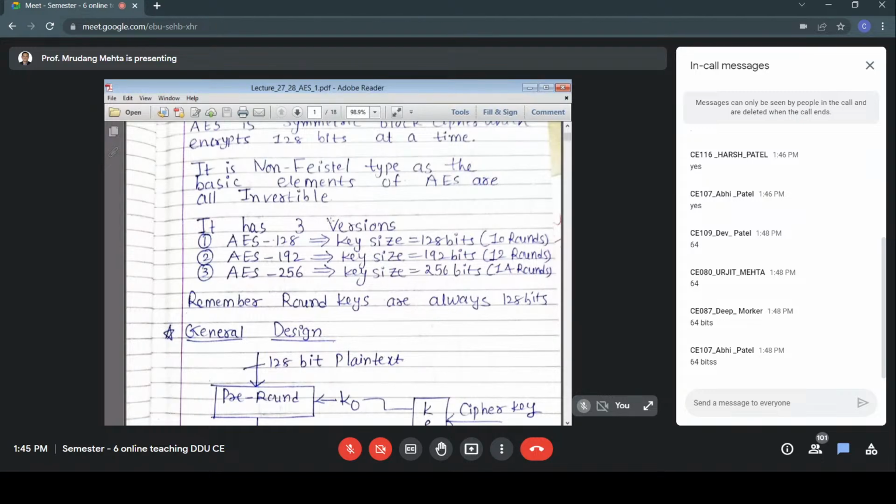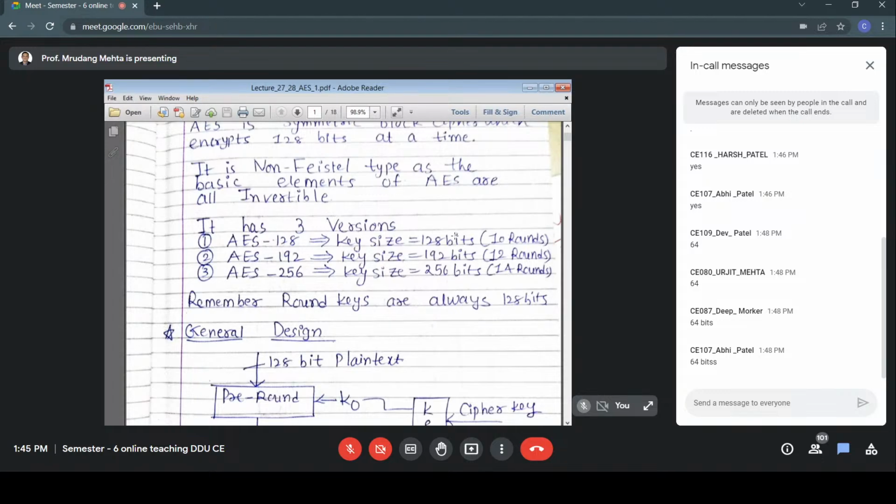AES comes with three versions, version 1, 2, and 3. Each one uses a different size of key. However, block size is 128 bits. The key size is 128 bits, 192 bits, and 256 bits. In DES, you have only one structure with 16 rounds.